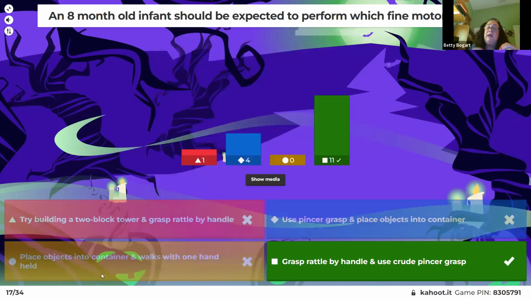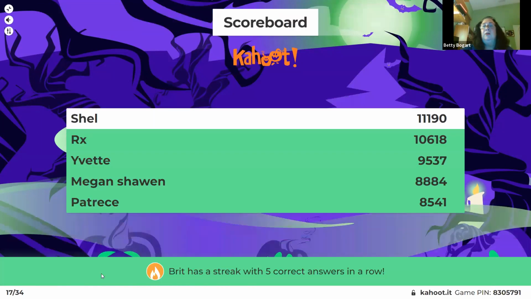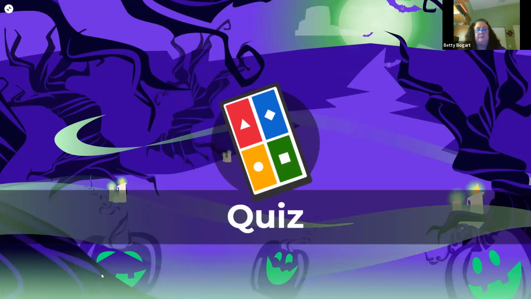Then it's going to be putting blocks in a container, building blocks of 2. This is the setup, first year of life, fine motor development. So about 8 months old, they should be able to get that rattle because they can hear it now, right? But then crude pincer, it might be like 3 fingers, you know, and Cheerios on a high chair going in the mouth, okay? Absolutely perfect, normal.